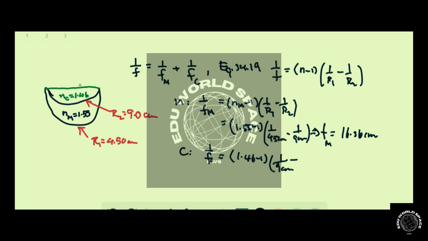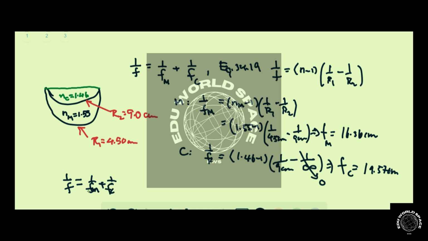And R2 now is this flat surface. But when you have a flat surface, that has an infinite radius of curvature, which when you divide by infinity, you get 0. And if I take the reciprocal here, then I get 19.57 centimeters.